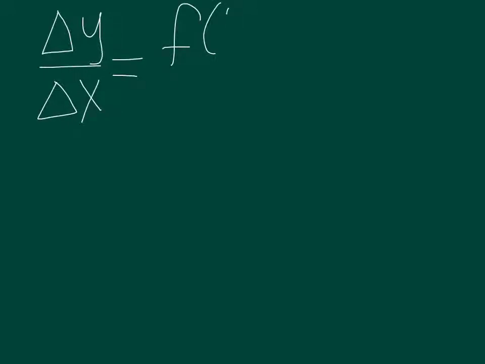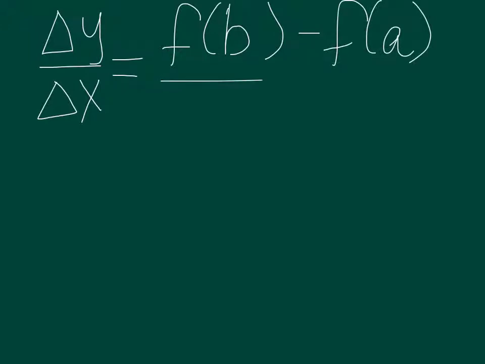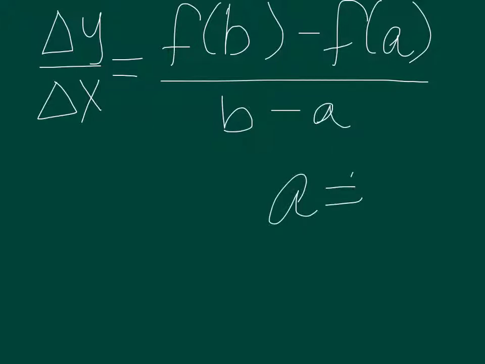So the formula for this is delta y over delta x, which can also be written as f of b minus f of a over b minus a, given that a does not equal b.